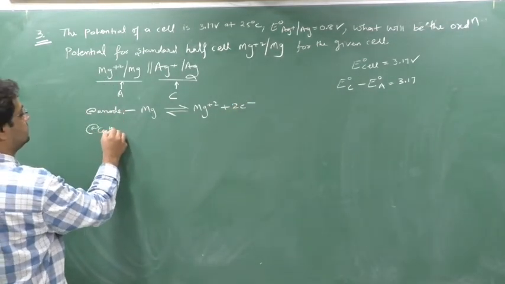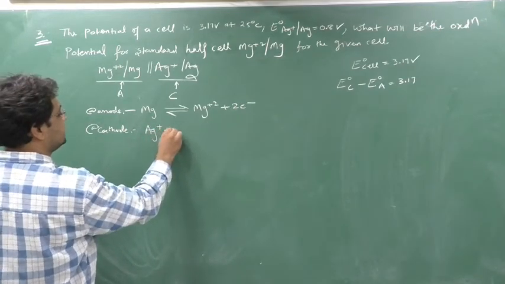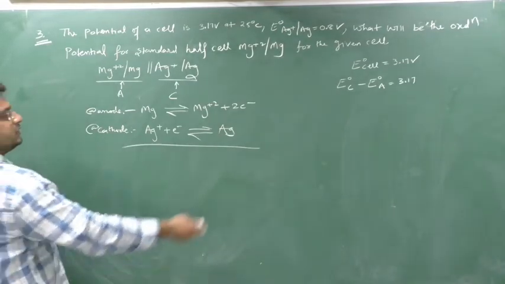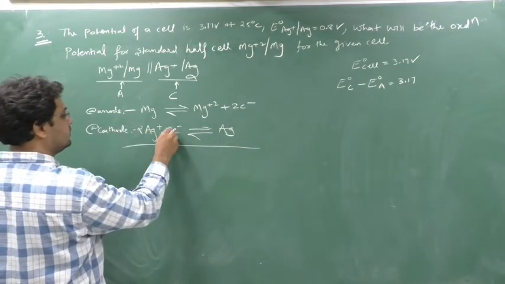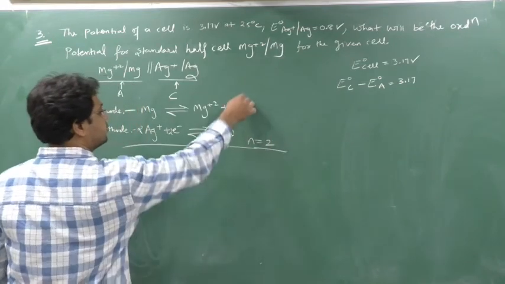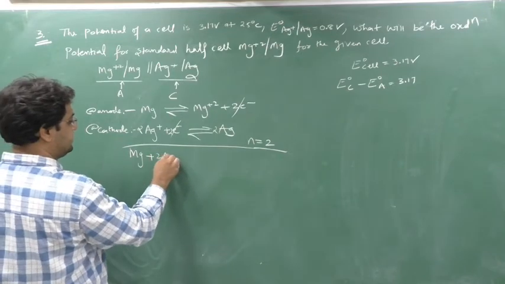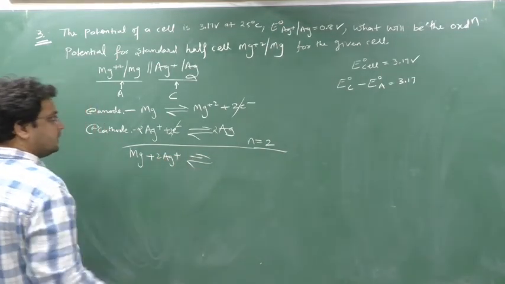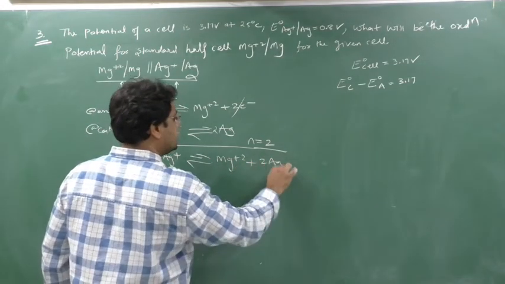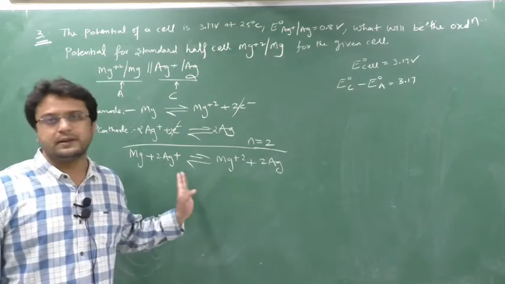At cathode, Ag plus plus electron gives Ag. Here there are 2 electrons, so here 2 and here 2, n is equal to 2. So the 2 electrons get cancelled. Mg plus 2 Ag plus gives Mg plus 2 plus 2 Ag. If they have given this question for 2 marks, then this much you have to show.